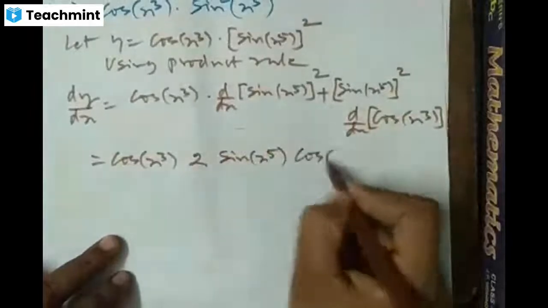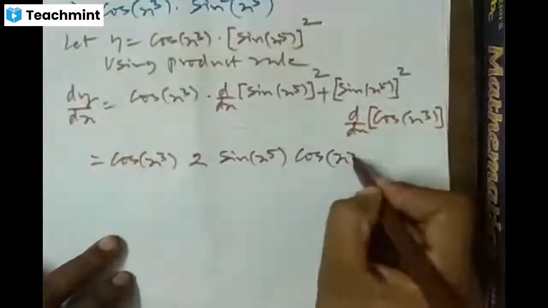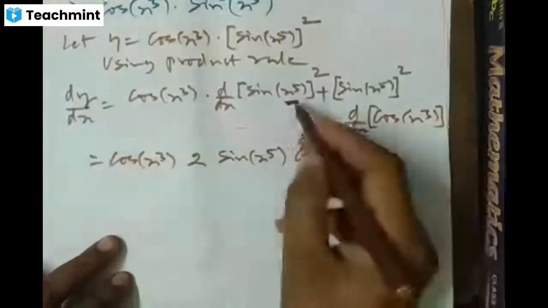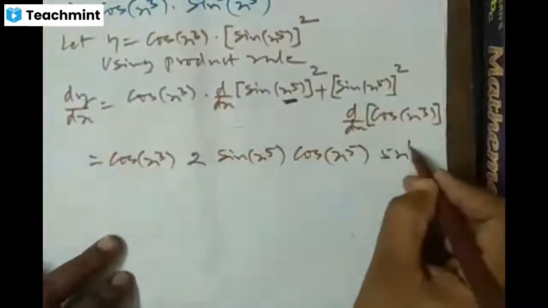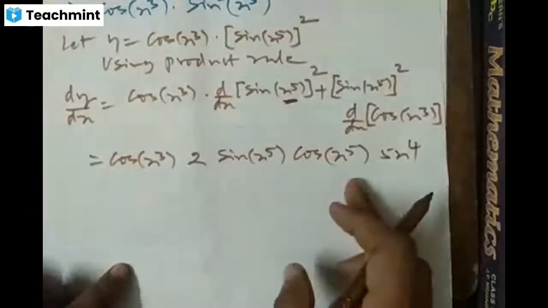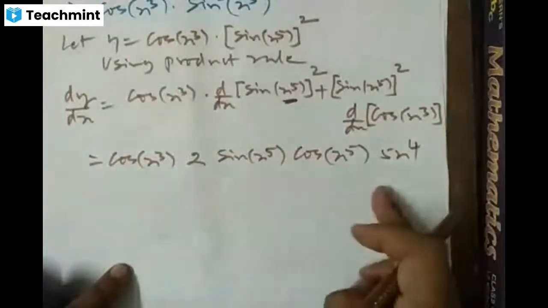What is the derivative of sine x? Cos x, right? So cos of x power 5 into d by dx of x power 5, which is 5 into x power 4, correct? I have used extension of chain rule.